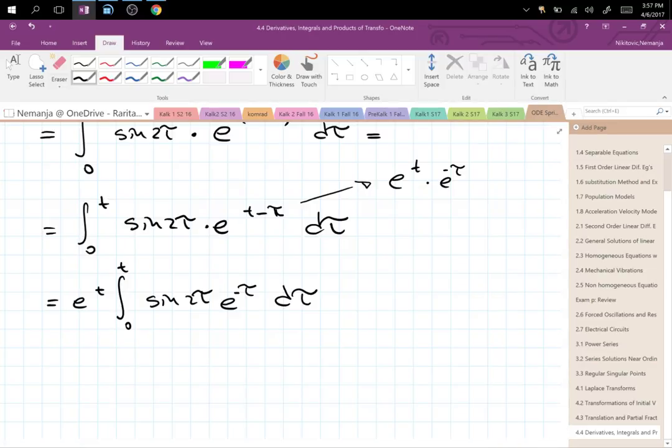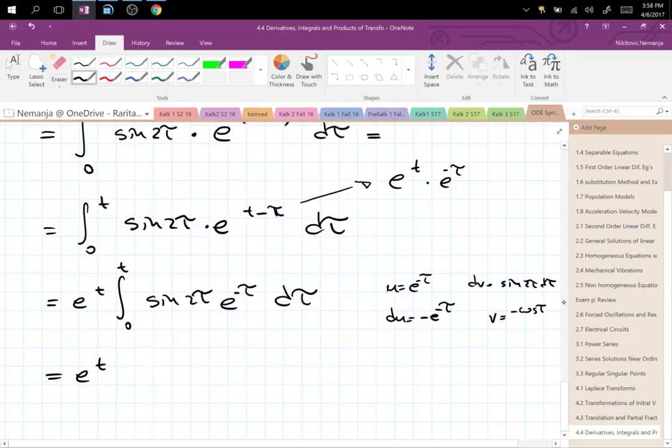So e to the t, and then on the side we have u equals e to the negative tau, dv equals sine 2 tau d tau, and then du is negative e to the negative tau, and v is the integral of sine, which is negative cosine 2 tau divided by 2.